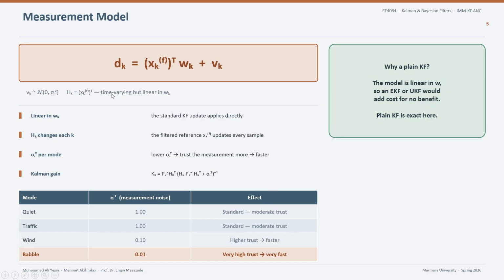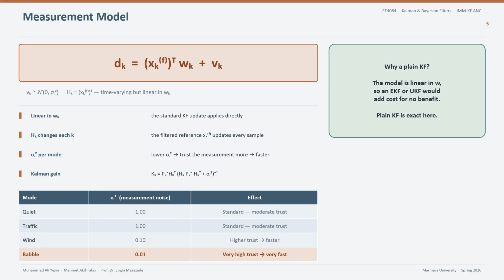The measurement model completes the Kalman setup. d of k equals the filtered reference transpose times the weight plus measurement noise v. The thing to notice on the left, the model is linear in w. The observation matrix H is just the filtered reference vector.